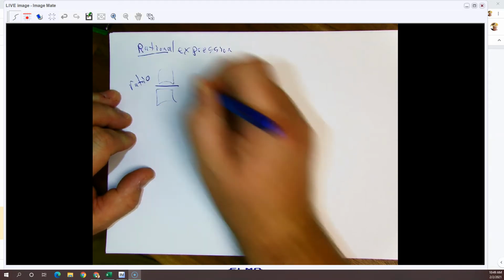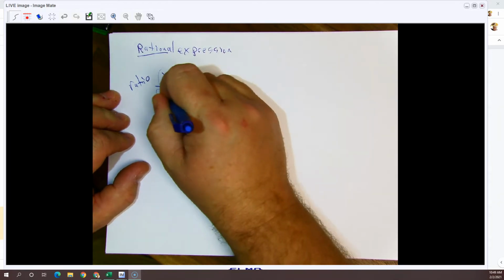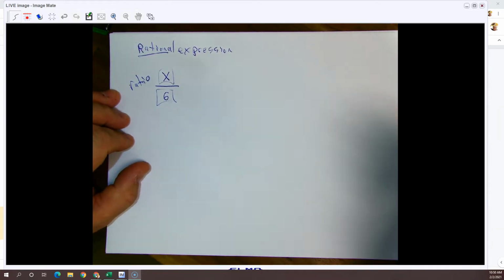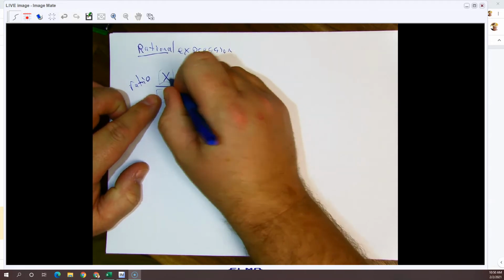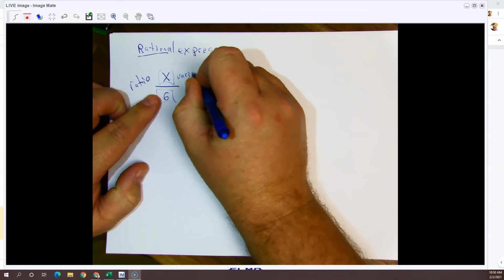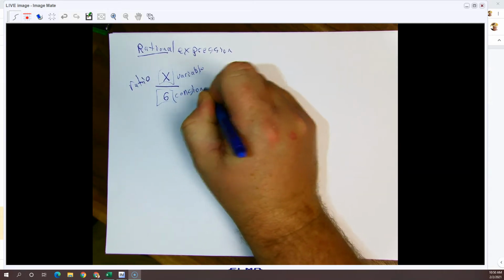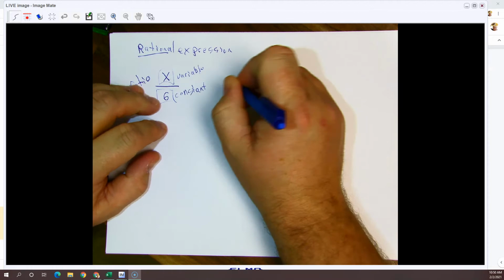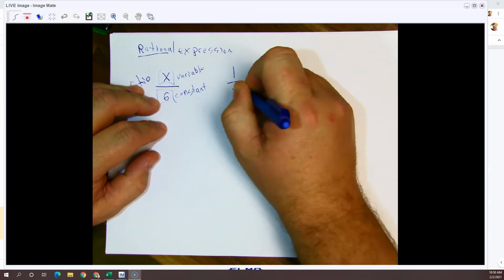Now, we of course are doing variable rational expressions, so that means I need to have a variable somewhere in this problem. This wouldn't be a great example because this is a variable and this is a constant. What we really need is something with a variable top and bottom, or at least a variable in the bottom.